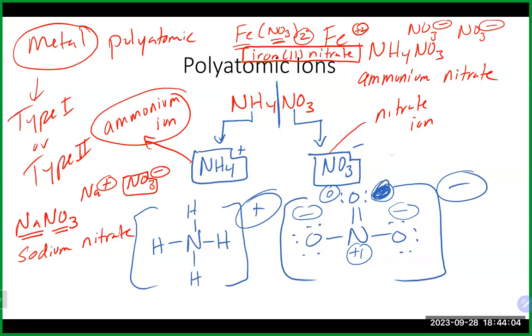Why did I put up parentheses there rather than just writing the formula like this? Writing the formula like this means that I have 32 oxygens, right, and 1 nitrogen, which is clearly not what's going on here.